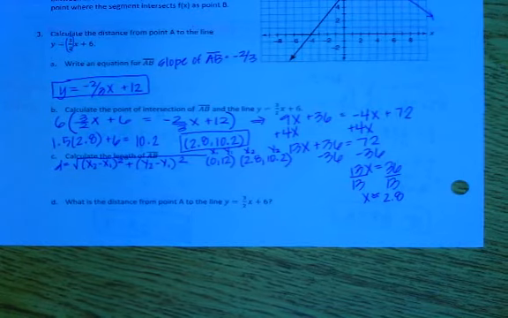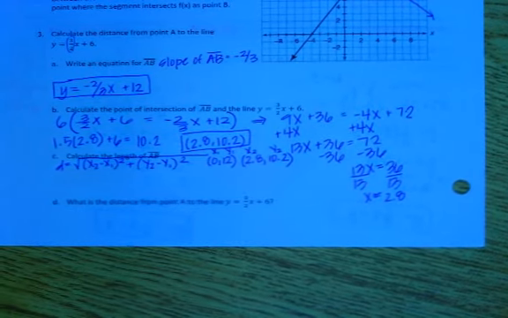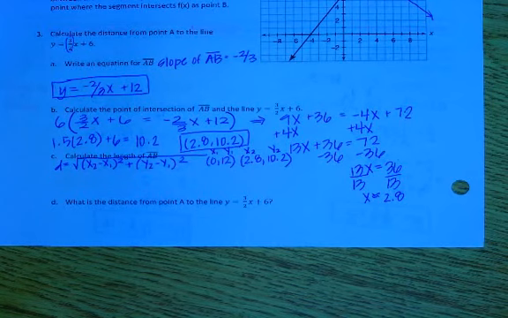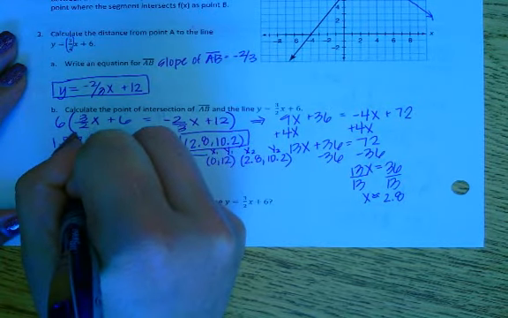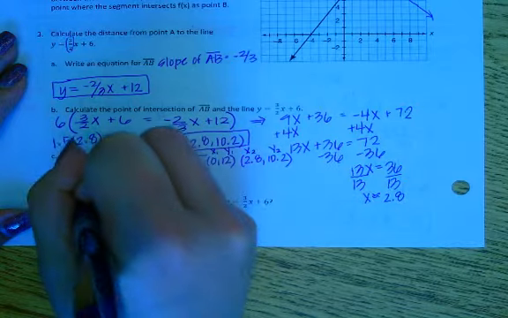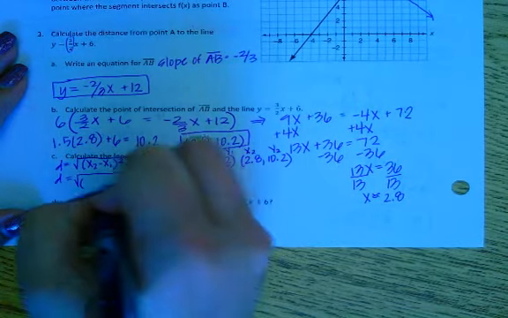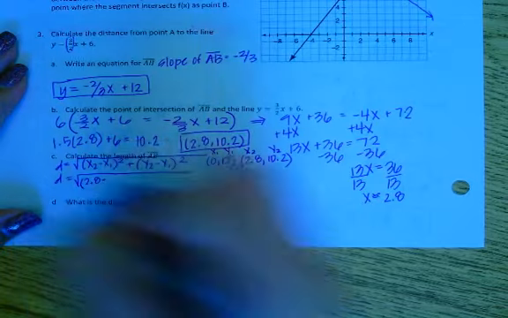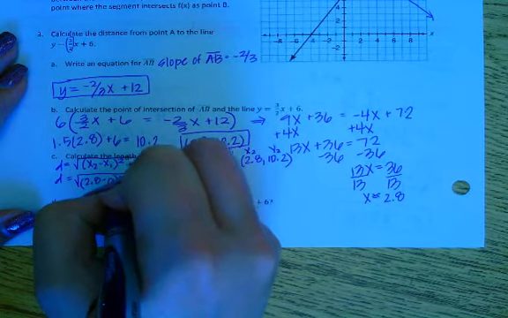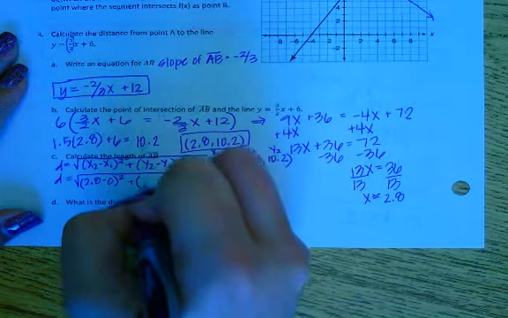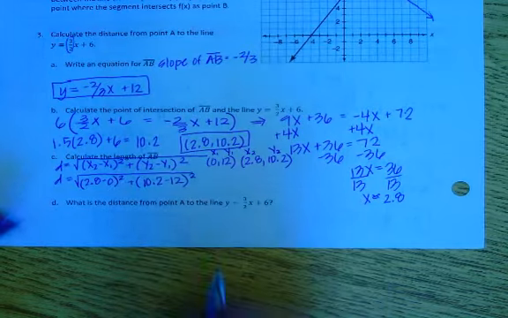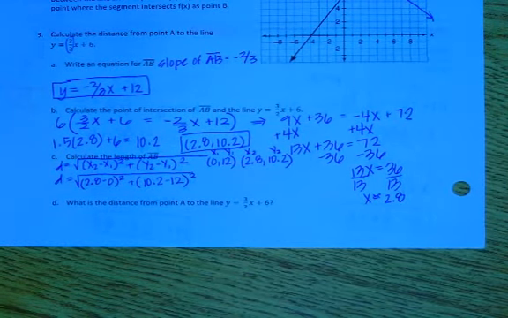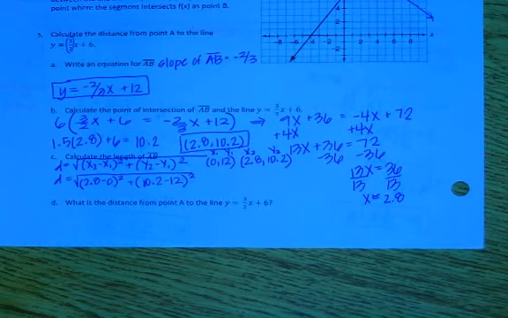Solve for the distance. Round to the nearest tenth. Make sure when you have negatives and you're squaring them that you put them in parentheses. A negative squared can't be a negative.